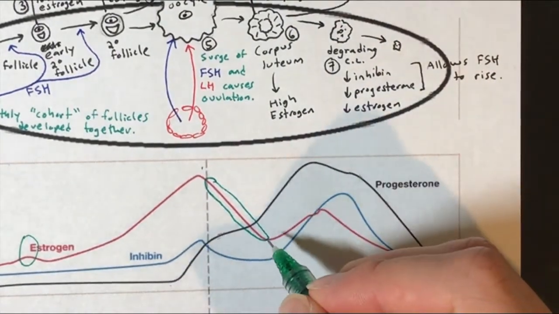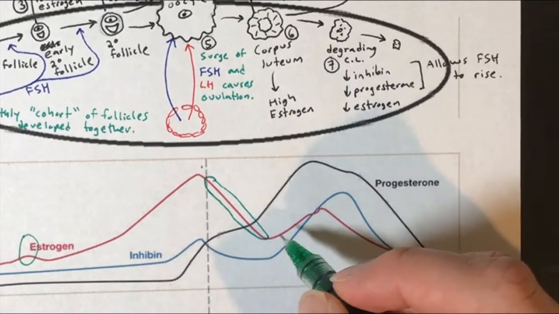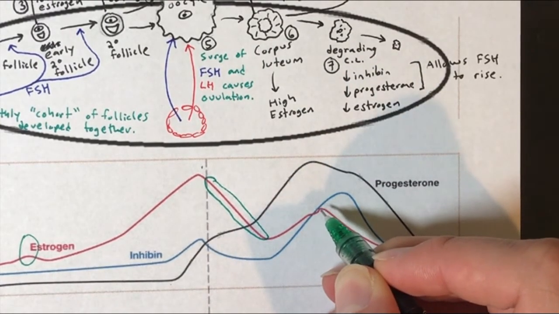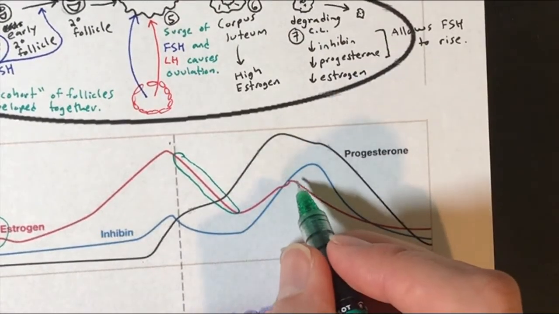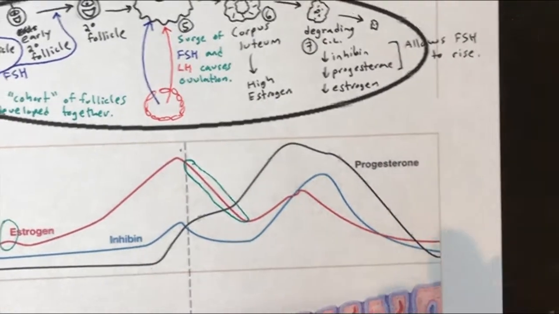And then once it is the corpus luteum, it starts to secrete more estrogen. So we get an increase up until about here. And then the corpus luteum starts to degrade. And as the corpus luteum degrades, estrogen concentrations go down.